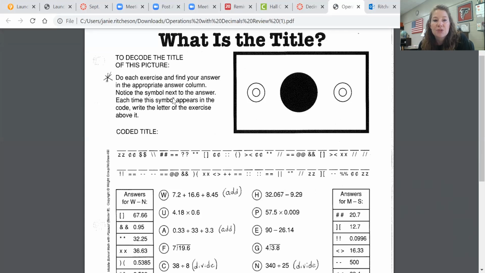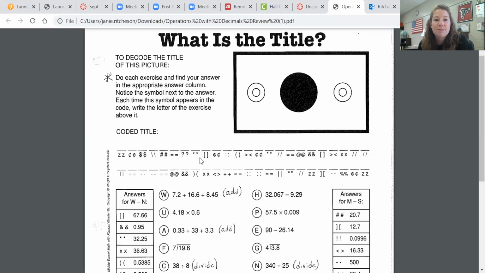What you're going to do is answer each of the problems and find your answer in the appropriate answer column. So if your answer is 32.25 for letter F, I'm just saying it probably isn't, then you're going to look for the double stars up here, and you would write F. If 32.25 is the answer to F, you're going to write an F here under those double asterisks.